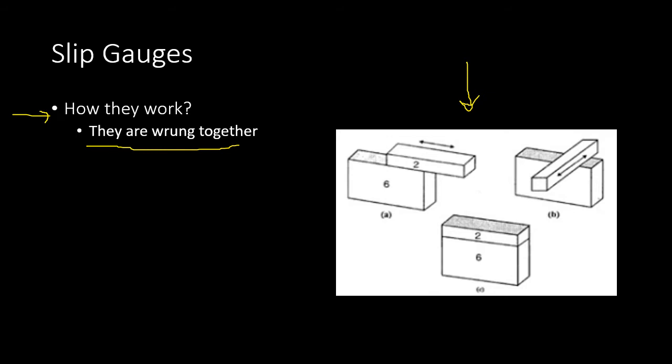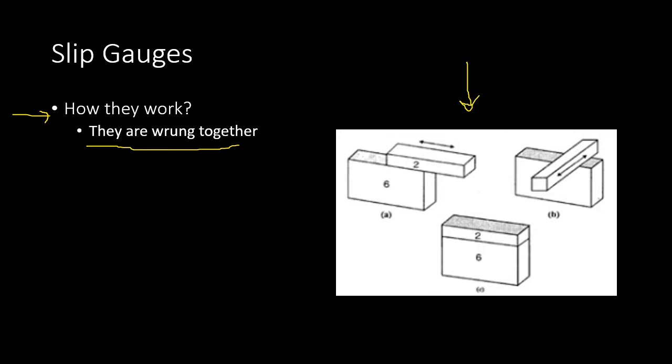To measure a dimension that is more than the size of the slip gauge, we have to ring the slip gauges together, and this is accomplished by pressing the faces into contact and then imparting a small twisting motion while maintaining the contact pressure.